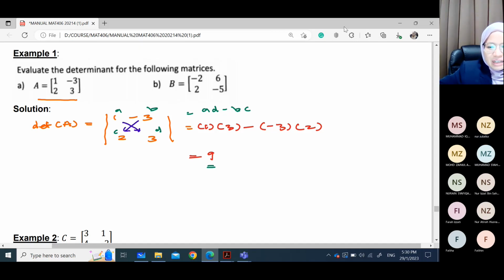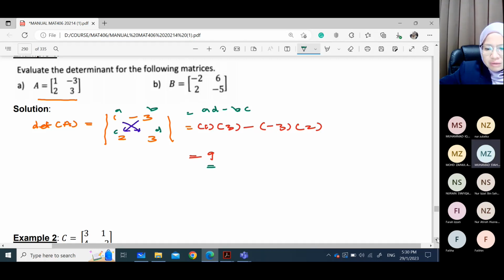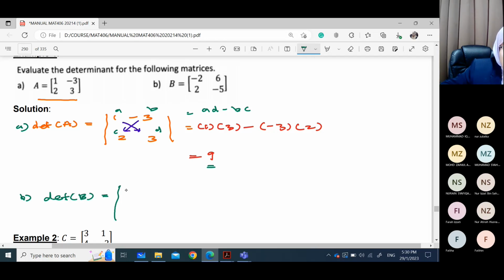Okey. So untuk determinant B, cuba cari determinant B. Okay, so determinant B which is negative 2, 6, 2, negative 5. It is equivalent with, kita darabkan negative 2 times negative 5 minus 6 times 2.